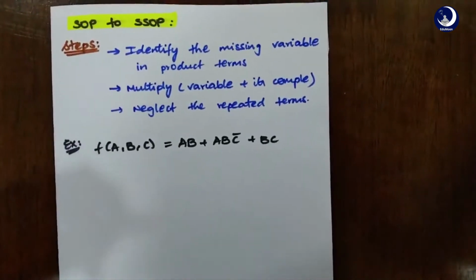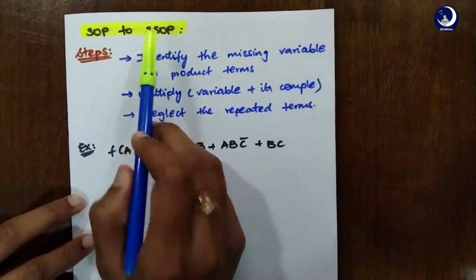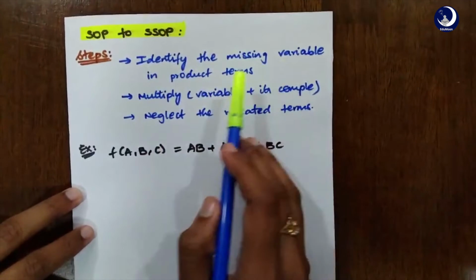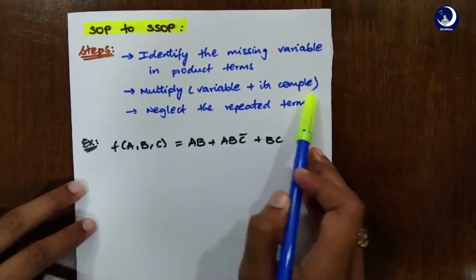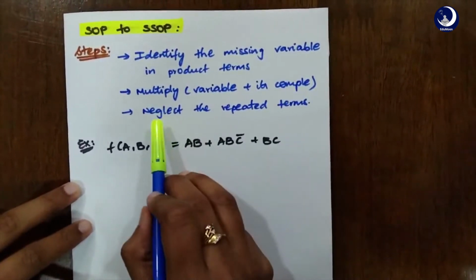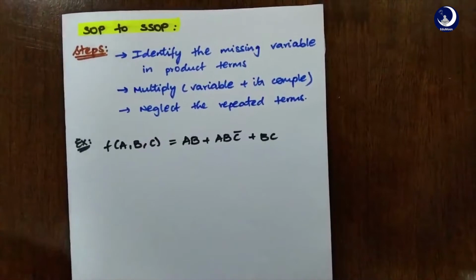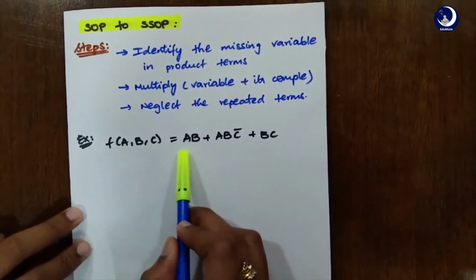Now let's look at a few conversions, like conversion from SOP to SSOP. What are the steps that we need here? Identify the missing variable in the product terms, multiply by the variable plus its complement, and neglect the repeated terms. Let's look at an example for clear understanding. Consider the Boolean function f(a, b, c) equal to this one.